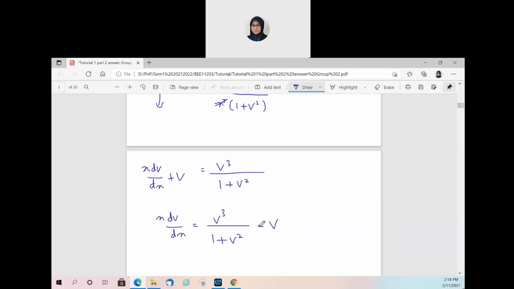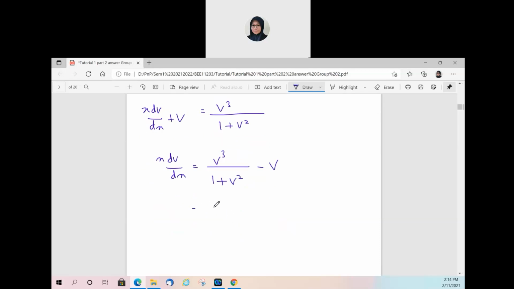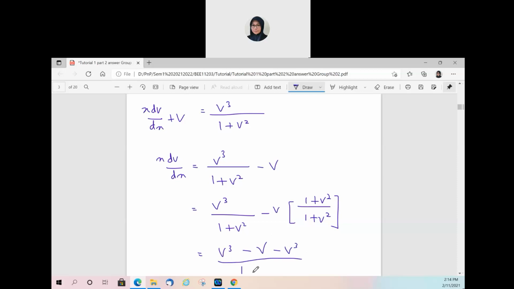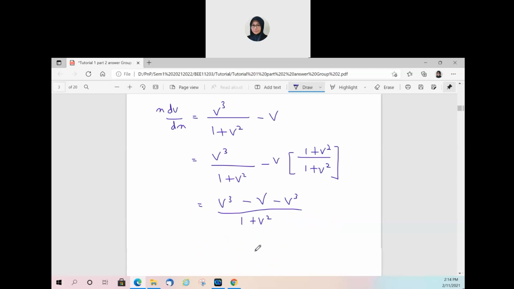We want to make the denominators the same, equals v cubed minus this one times this one, so minus v cubed, divided by 1 plus v squared.